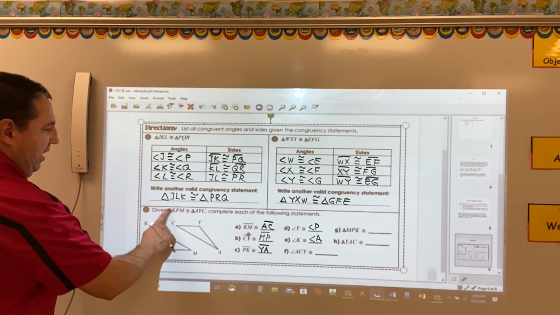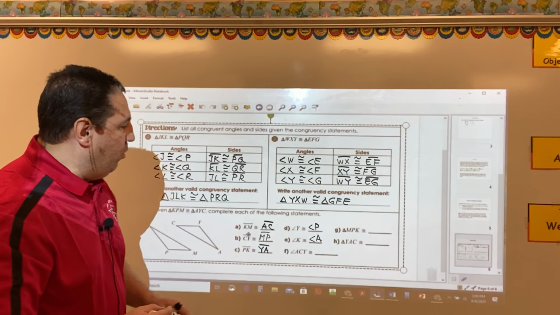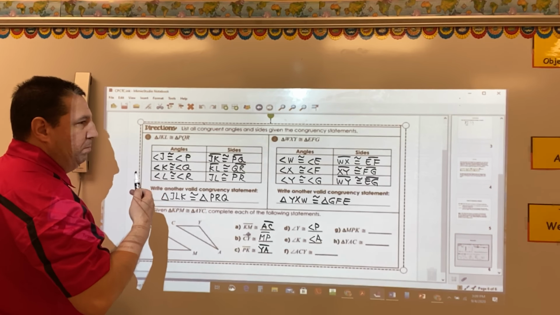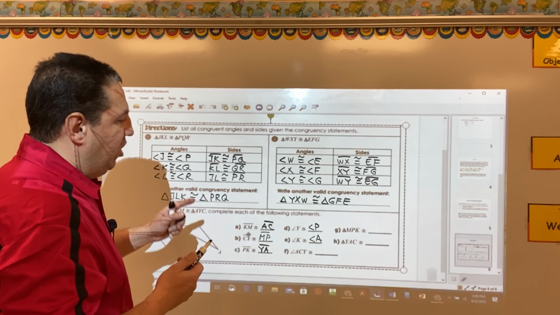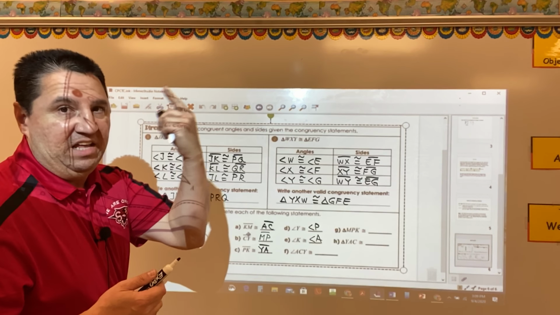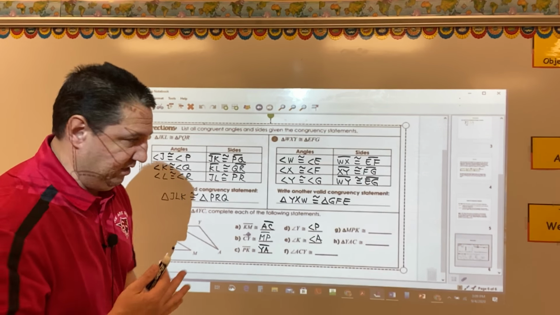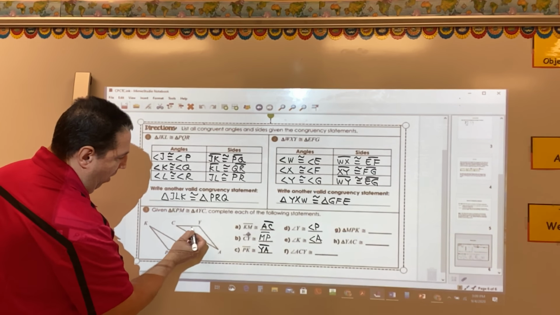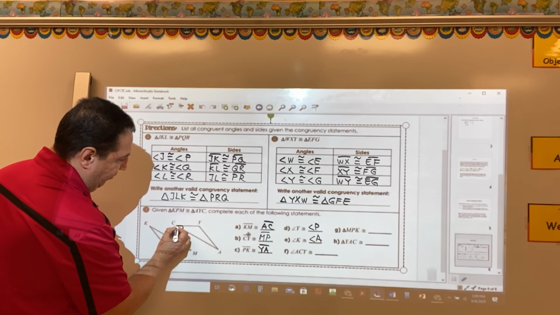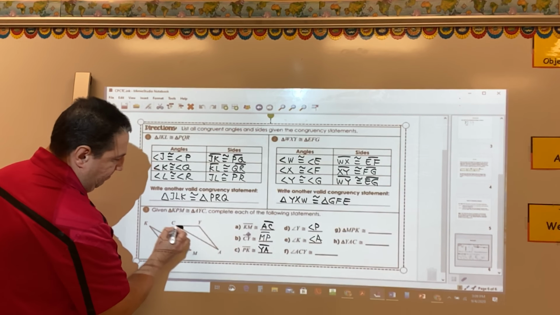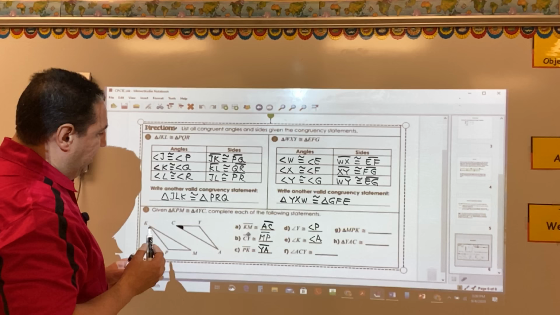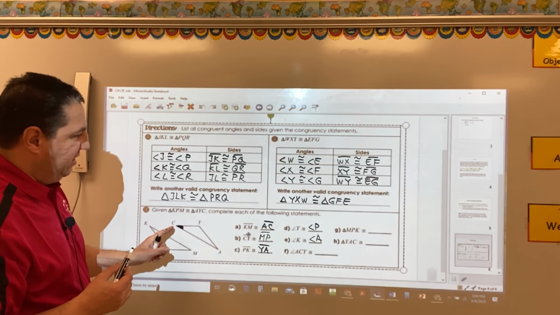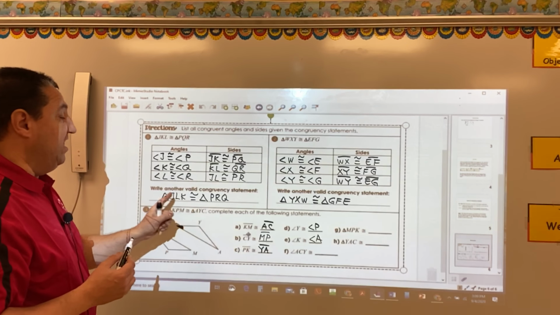Good. Now, angle ACY. So what is this angle? Remember, an angle could be named using one letter, namely its vertex, or using 3 letters. You have to follow the order of the letters. So A, C, Y. C is in the middle, yeah? It's its vertex. That's the angle. In other words, what angle is congruent to ACY in the other triangle?